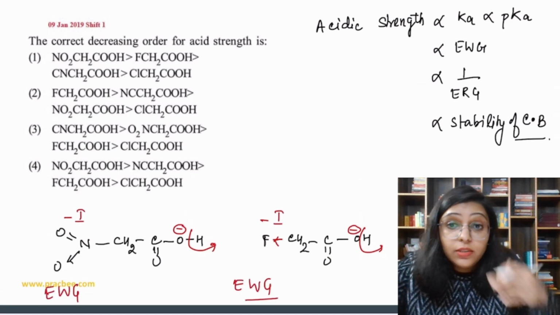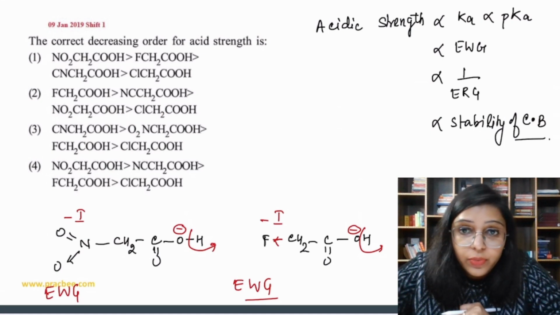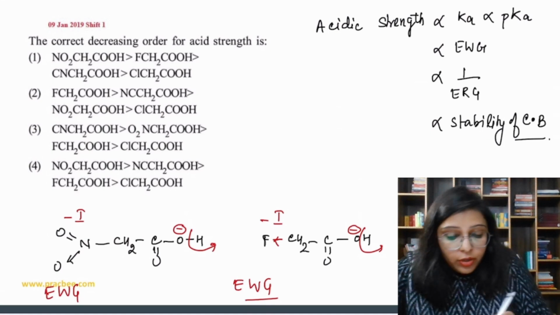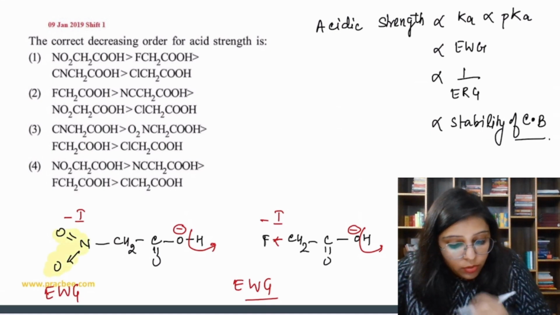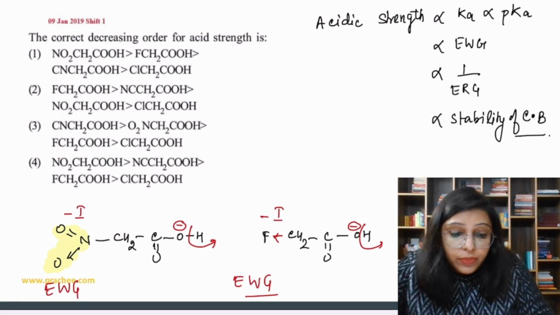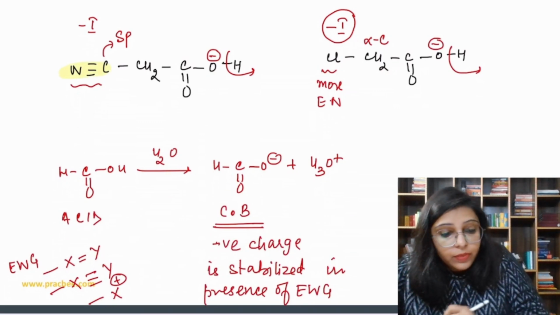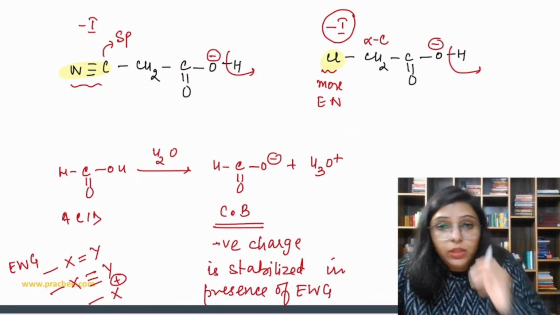Now which one possesses maximum electron withdrawing effect? The maximum electron withdrawing effect is going to be of NO2, nitrogen and two oxygen. Then we have C triple bond N, then fluorine, and then chlorine.